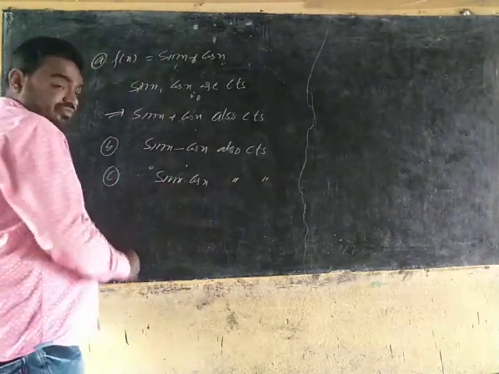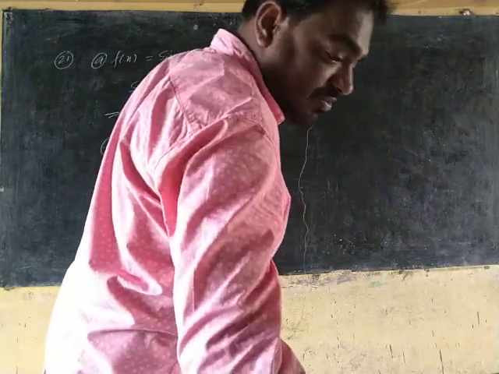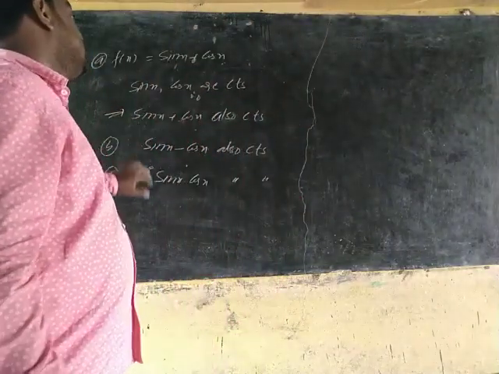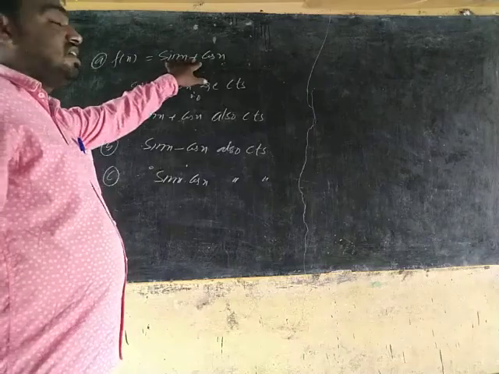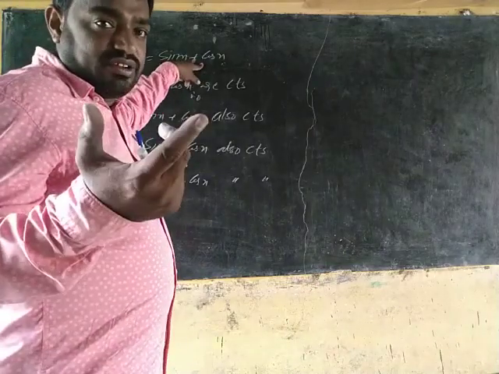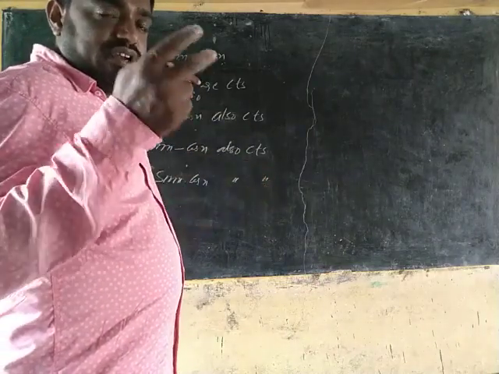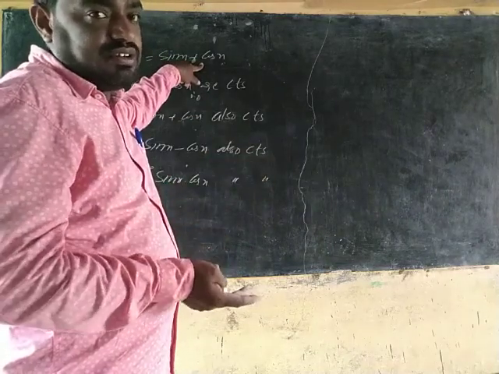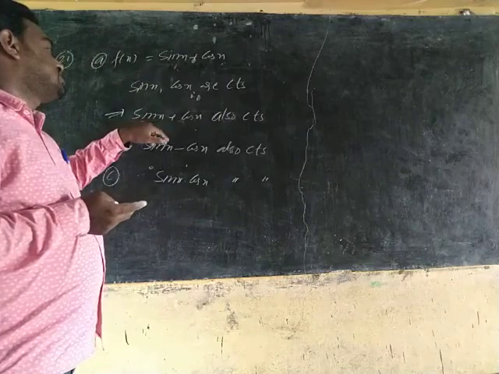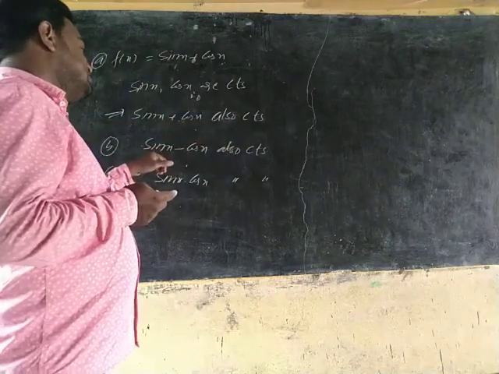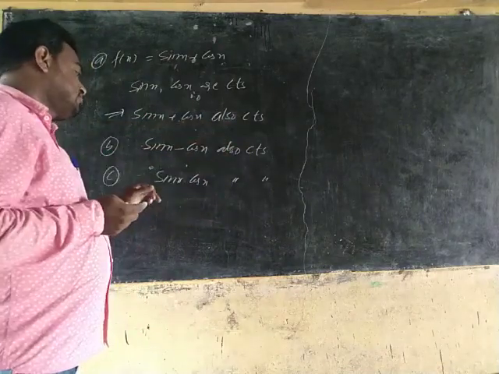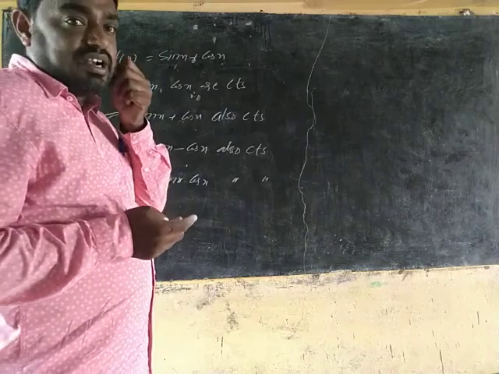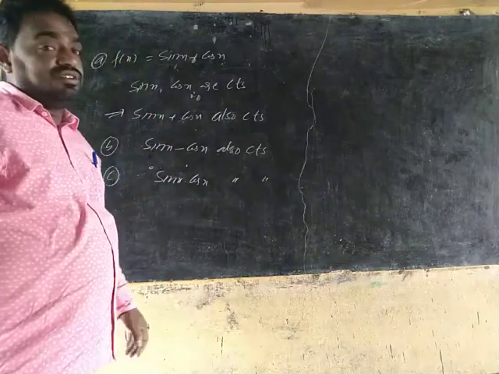These three questions we have. If f and g are continuous, then the sum, subtraction and multiplication are also continuous. So sin x plus cos x is continuous, sin x minus cos x is continuous, and sin x into cos x is also continuous. This is question number 21.